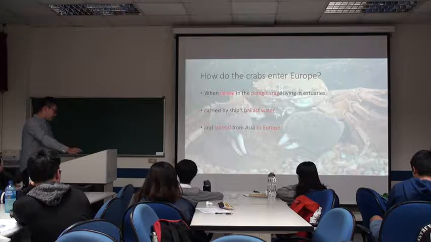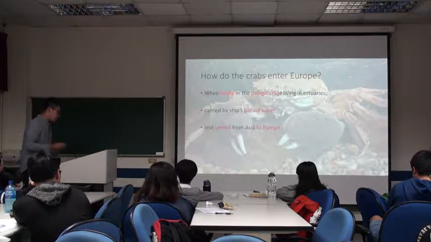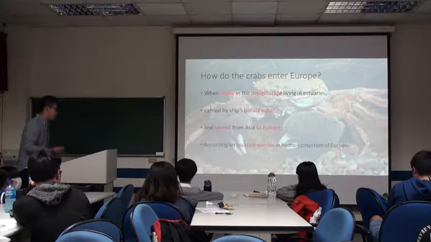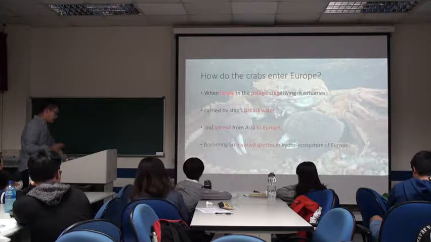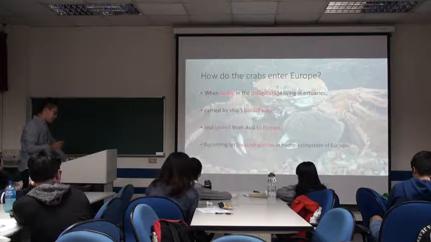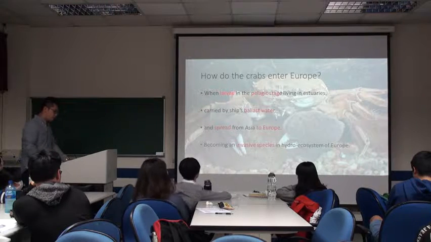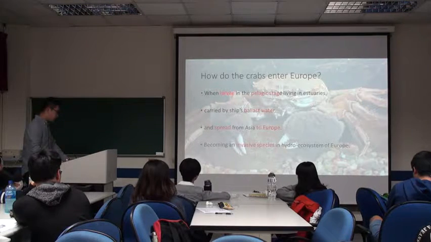By the ballast water, the crab spread from Asia to Europe, becoming an invasive species in the hydro ecosystem of Europe.